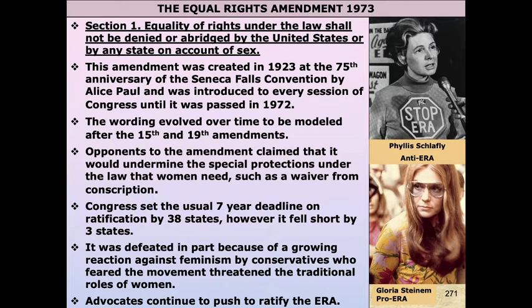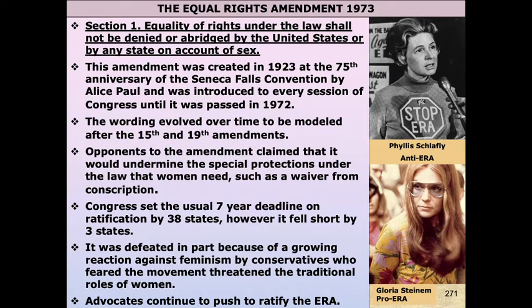I'm telling you, you want to get triggered? Read stuff that she has said. Okay, so she's going to be anti-Equal Rights Amendment. A person who's going to be pro-Equal Rights Amendment is going to be the likes of Gloria Steinem. So she's a journalist, and she's heavily involved in the women's rights movement going on here in the 60s.